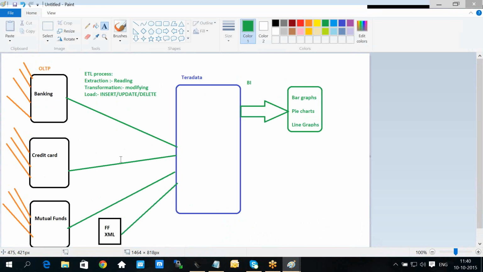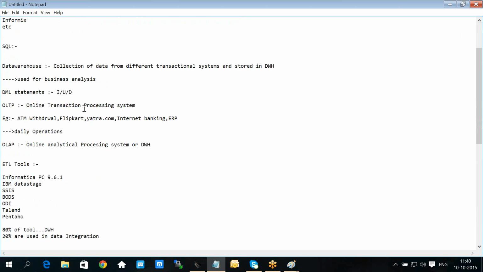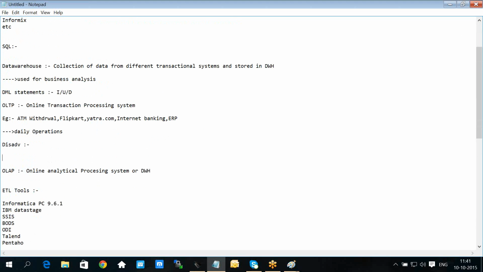I can't use a transactional system for analyzing the data because the transactional system has some disadvantages for analysis. What is the disadvantage? Whenever we look at a transactional system, it doesn't have historical data.